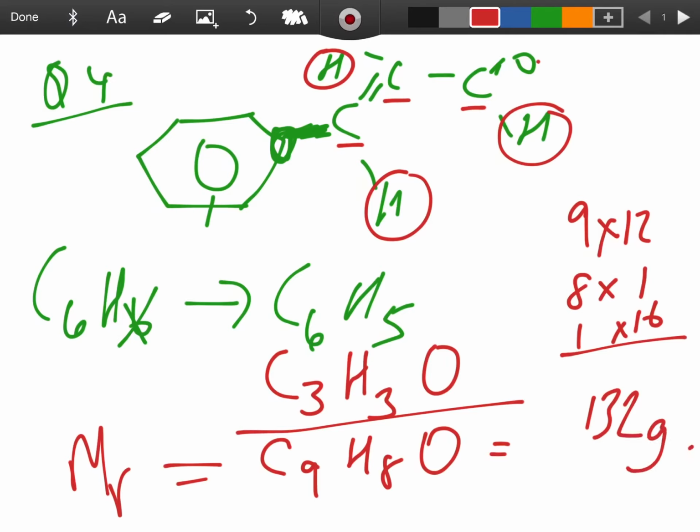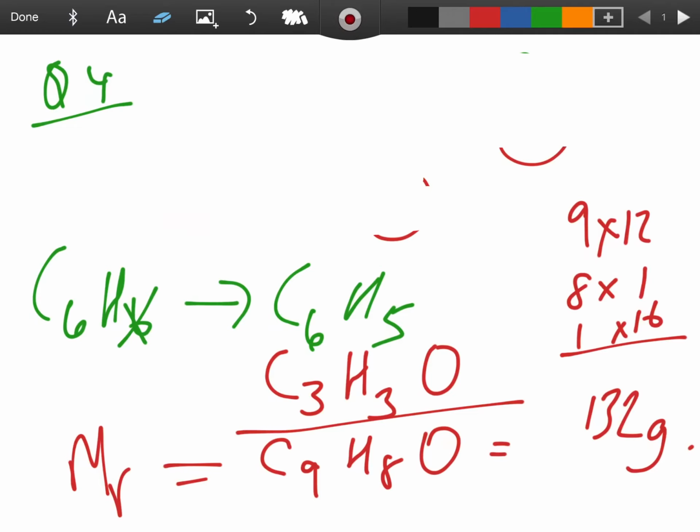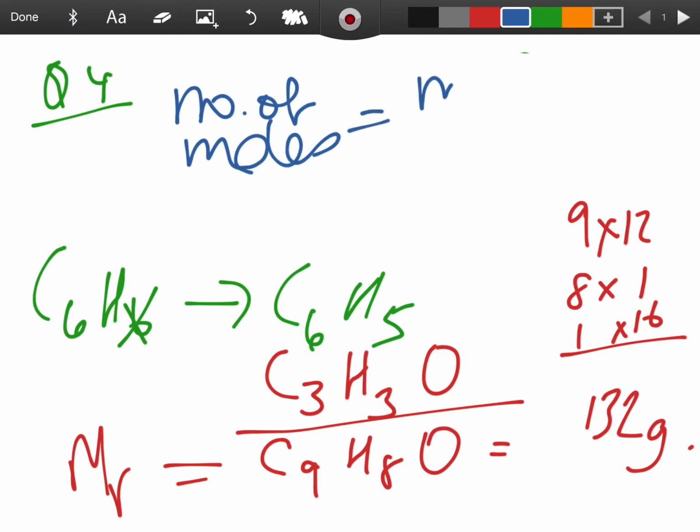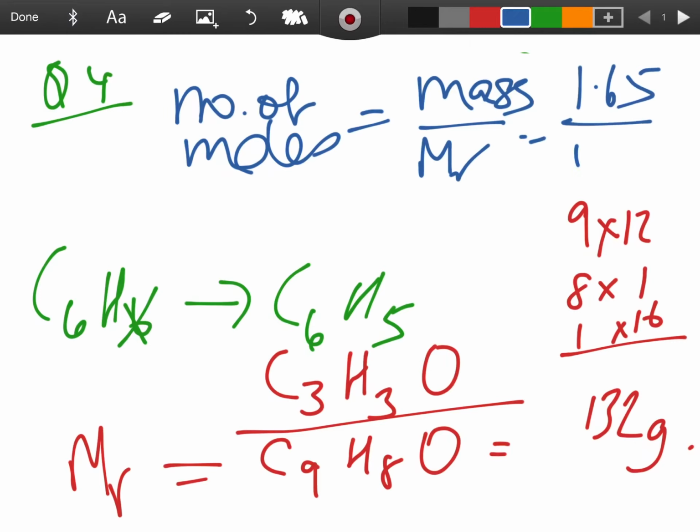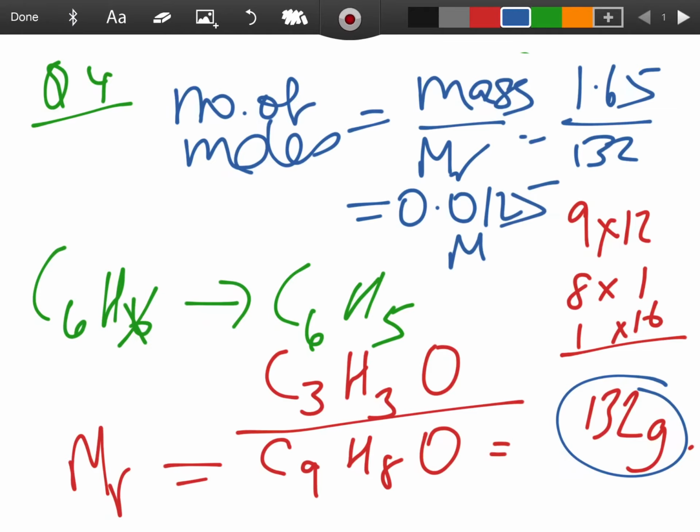So that's the MR. Now they're asking you how many moles in 1.65 grams of that. So your formula to calculate number of moles, they're giving you the information in grams, so it's going to be mass all over the MR, so it's 1.65 all over 132 there for the MR, so your number of moles works out at 0.125 moles. Okay, so that's question 4.